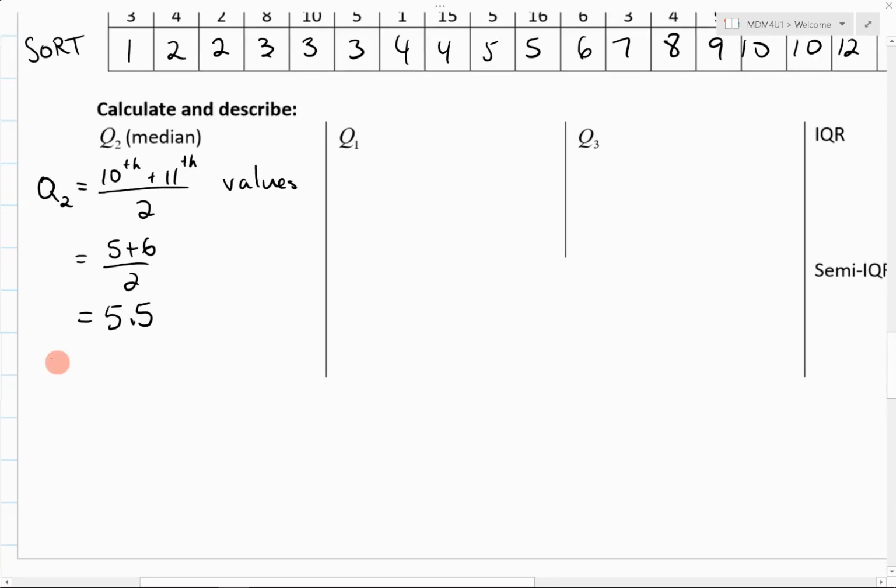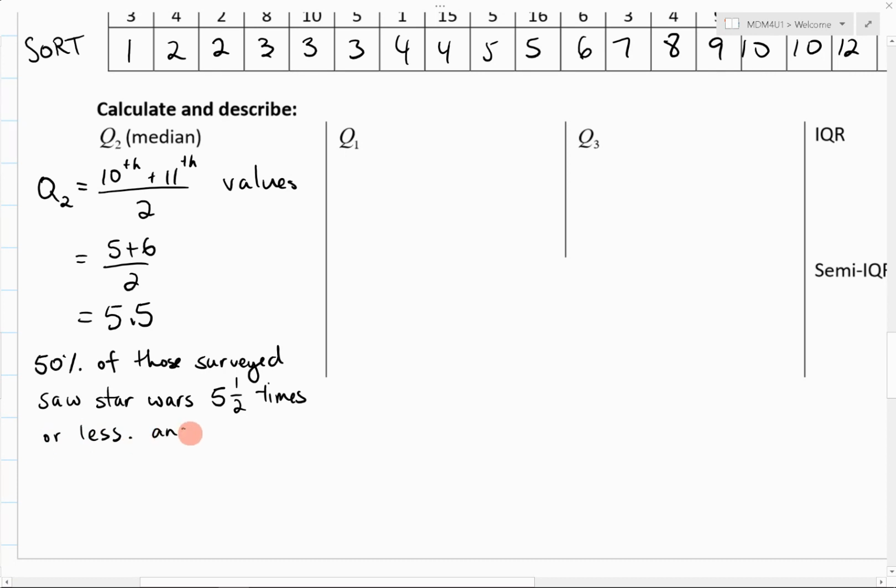So this says that 50% of those surveyed saw Star Wars 5.5 times or less.